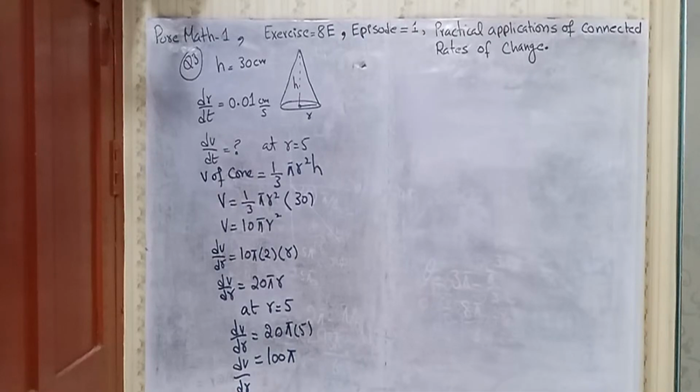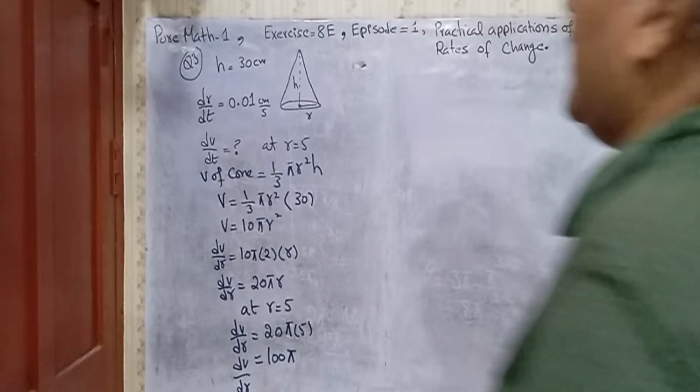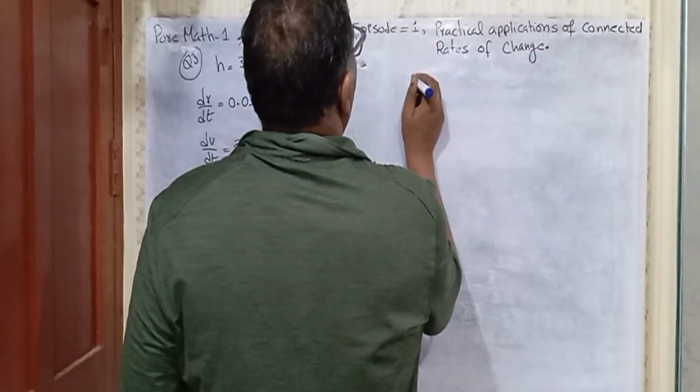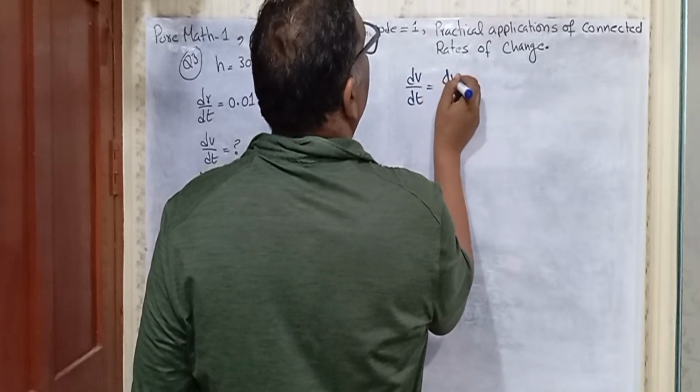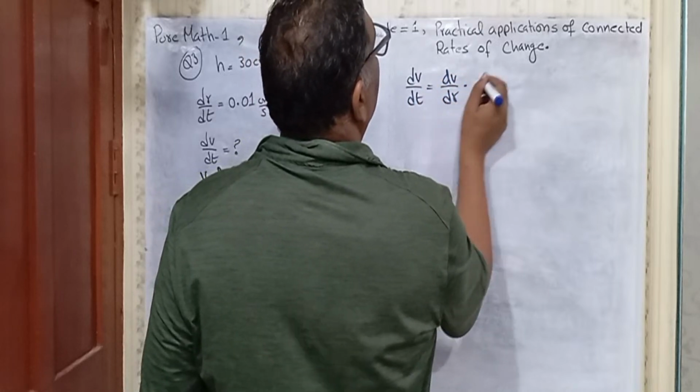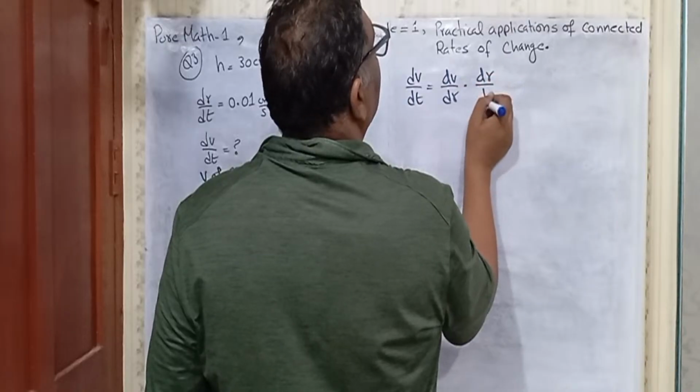Now we can apply the chain rule because we want to find dV by dt, the rate of change of the volume. dV by dt equals dV by dr into dr by dt.